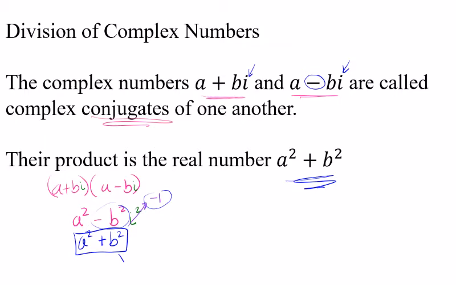So then I can distribute, and so what I get is 3 squared, doing the shortcut here. 3 squared is 9, and when we have complex conjugates, it's going to be plus, and then I'm just going to do b squared, which is 5 squared. So it's 9 plus 25.